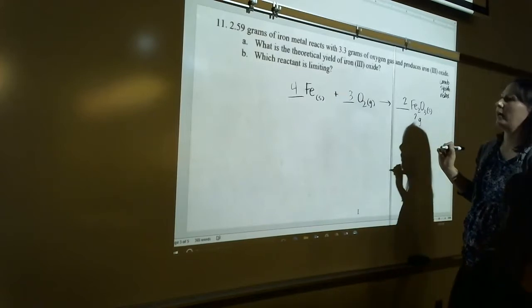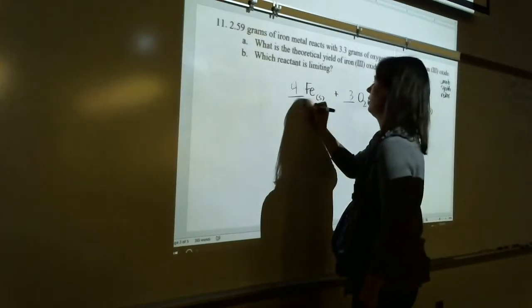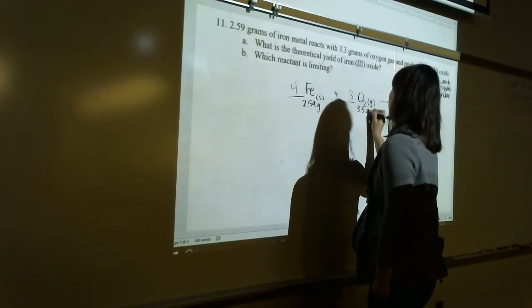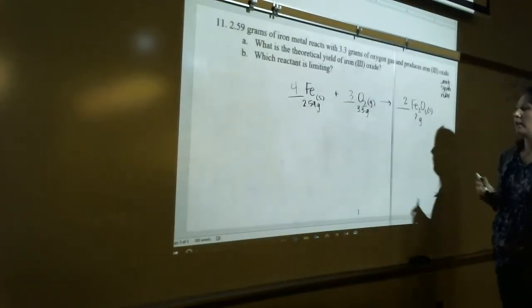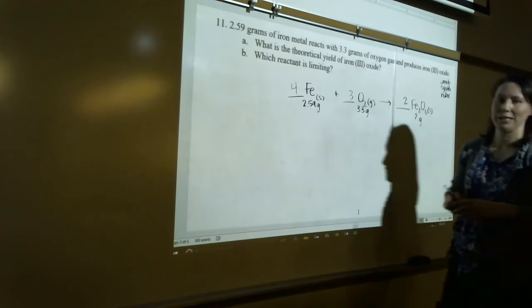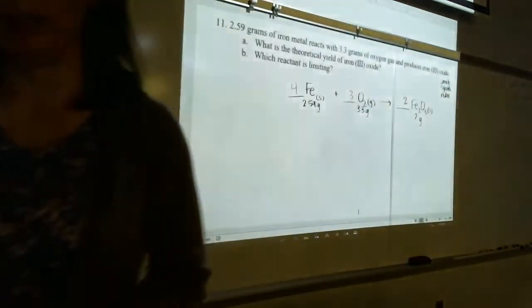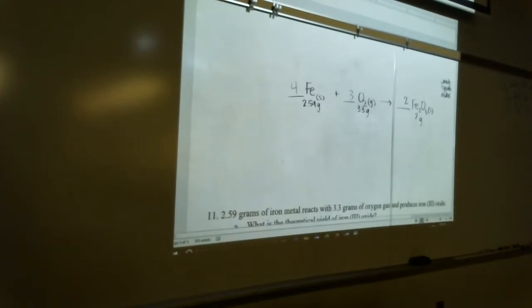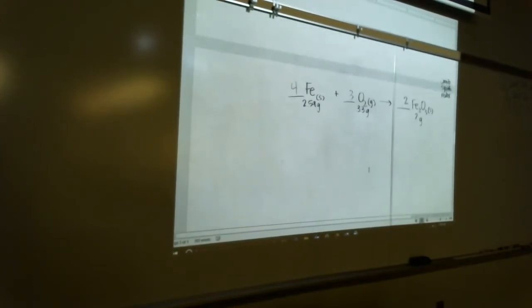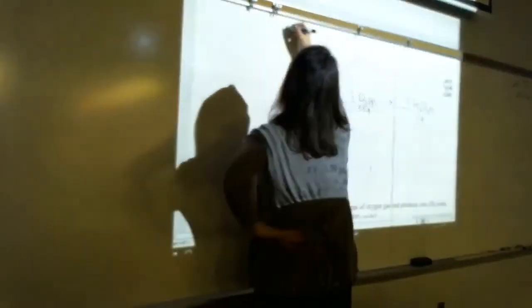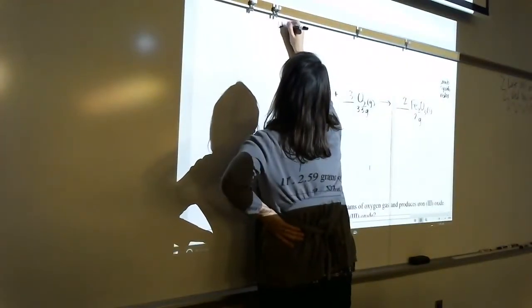And I have 2.59 grams here and 3.3 grams here. So can I do stoichiometry once, or do I have to do it twice? Gotta do it twice. Lucky, lucky us, right? So I'm gonna rewrite my problem up here so I can have room.